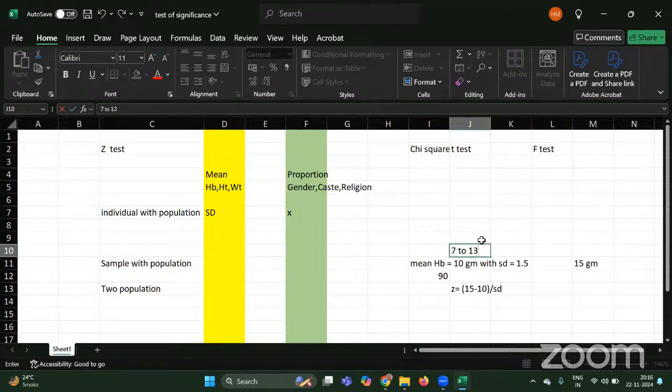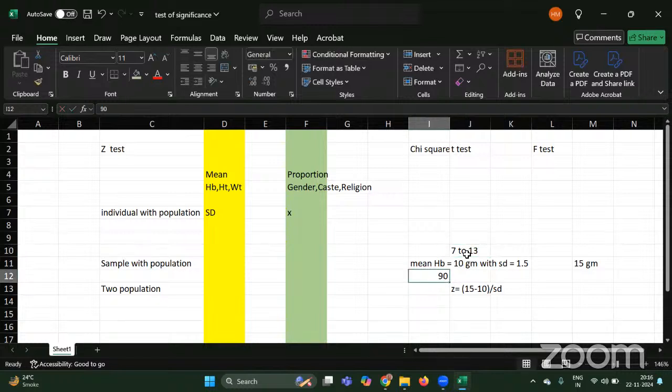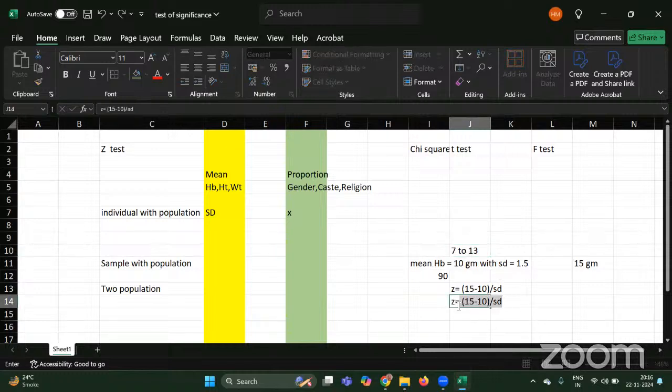So 95% of these 90 individuals will lie between 7 to 13. So in this case, Z is something more than 3 point something, right? 3.2 or something like that.